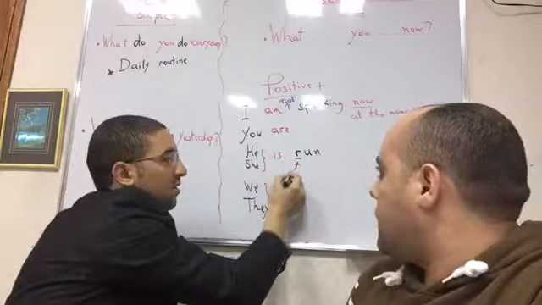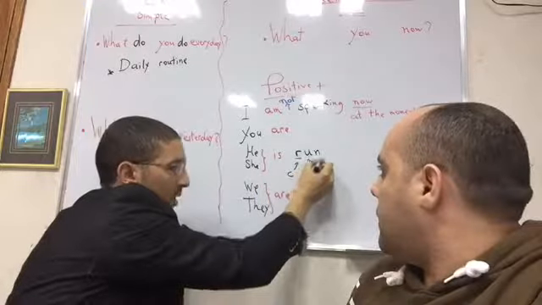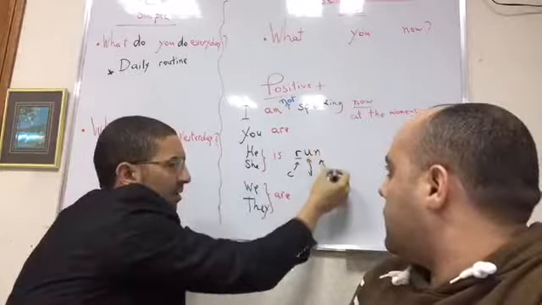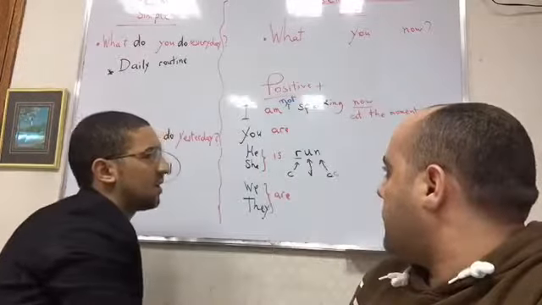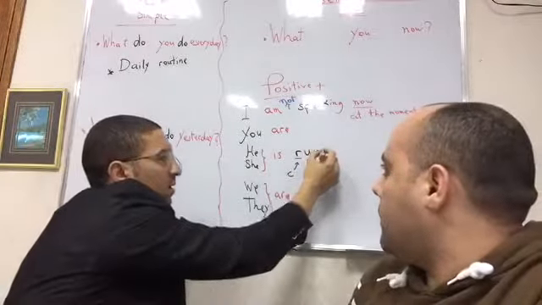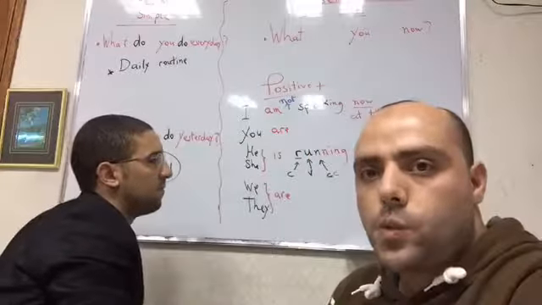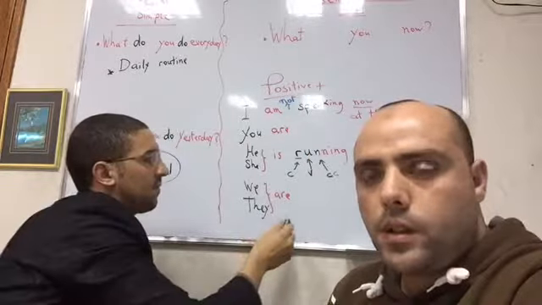You have a consonant, a vowel, and a consonant again. We mainly double this consonant, so we say "running." Also, like the word "swim," it's going to be "swimming."